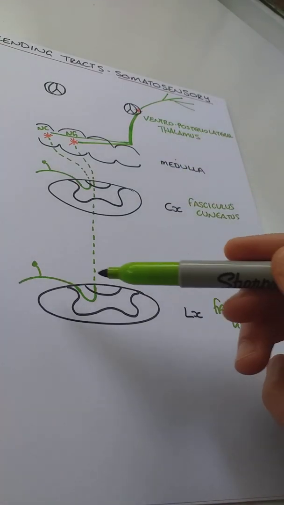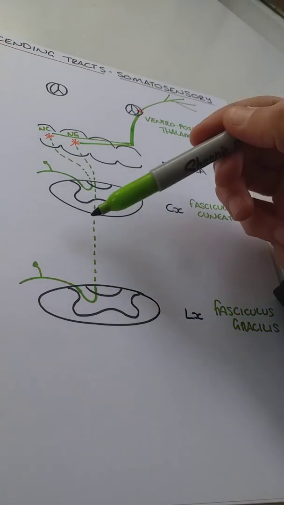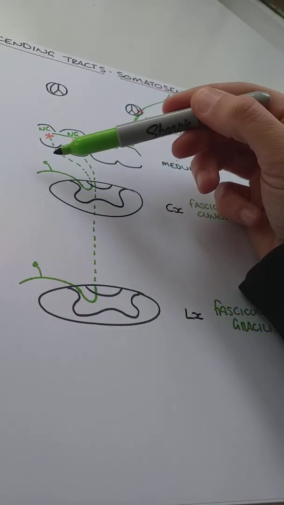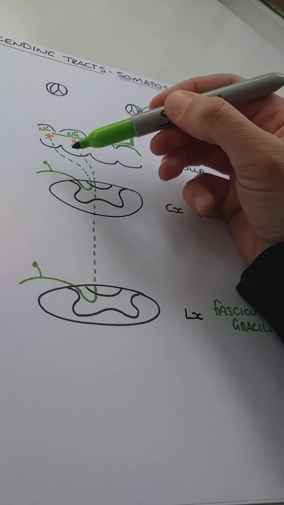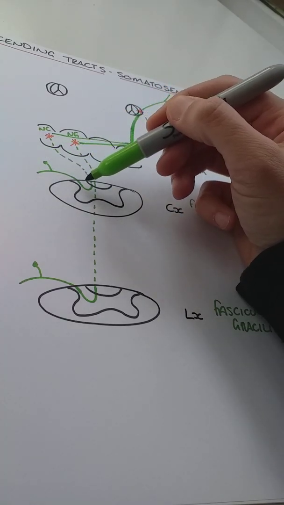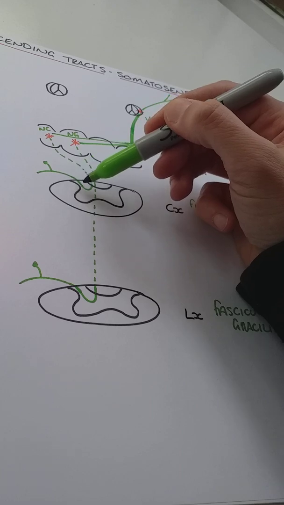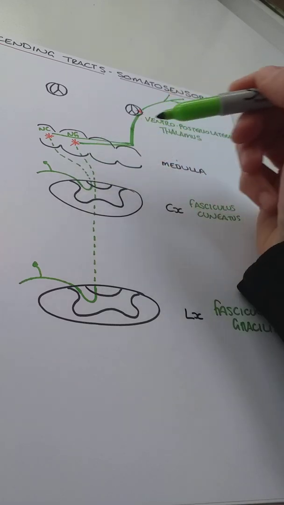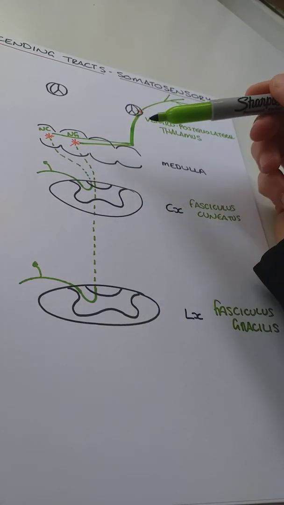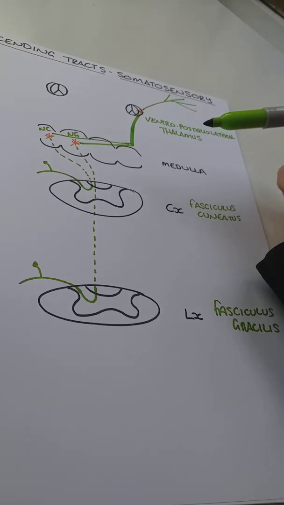Now, if any other signals come in from higher up the body, they do exactly the same thing. They come in, dorsal root ganglion, they enter dorsally, go straight up, and then head towards the nucleus of the medulla.